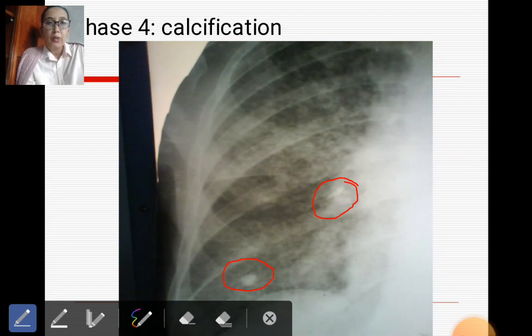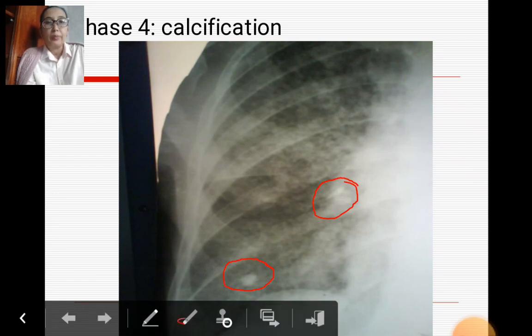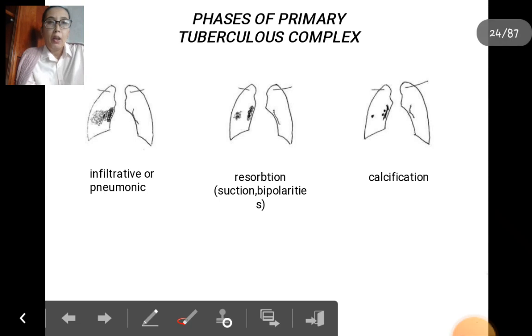It is phase of calcination, calcification. Schematically, phases of primary tuberculosis complex look like that: infiltrative or pneumonic phase, resorption, and calcification.